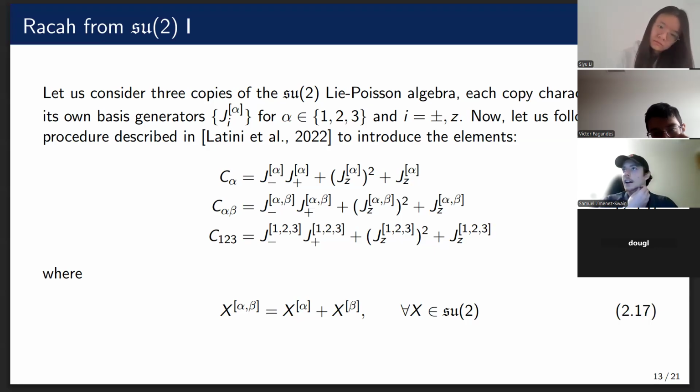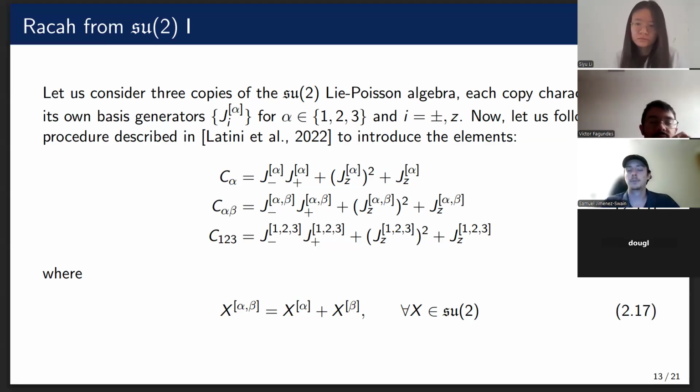And then we can compute the Poisson brackets of these 7 integrals and find that the only non-zero Poisson brackets come from pairs of 2-site Casimir operators, given in 215.